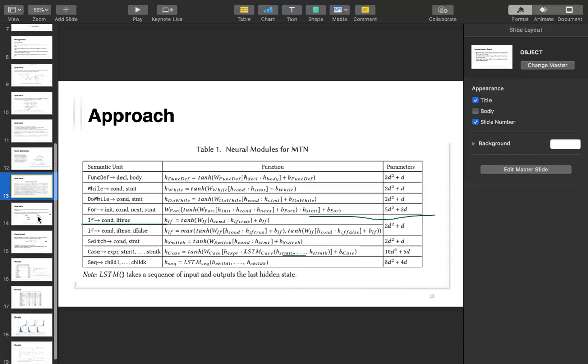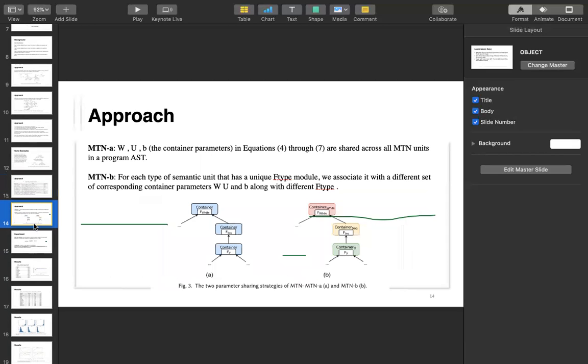So the key idea is that they categorize the AST nodes so that they embed them differently. The idea is quite simple. Please go on. And they have defined 2 types of their approach.